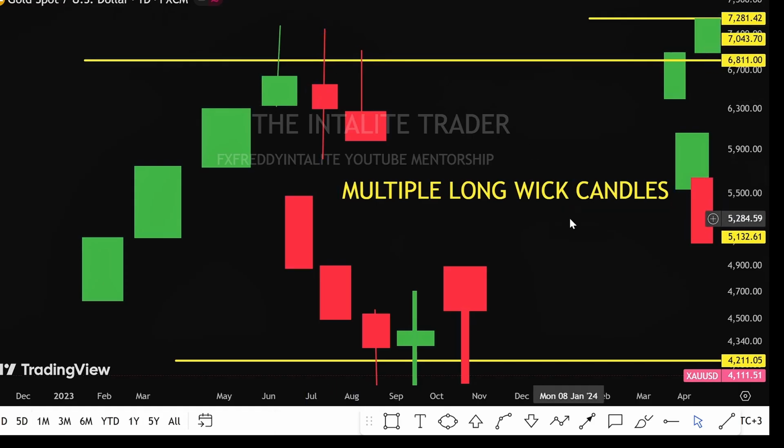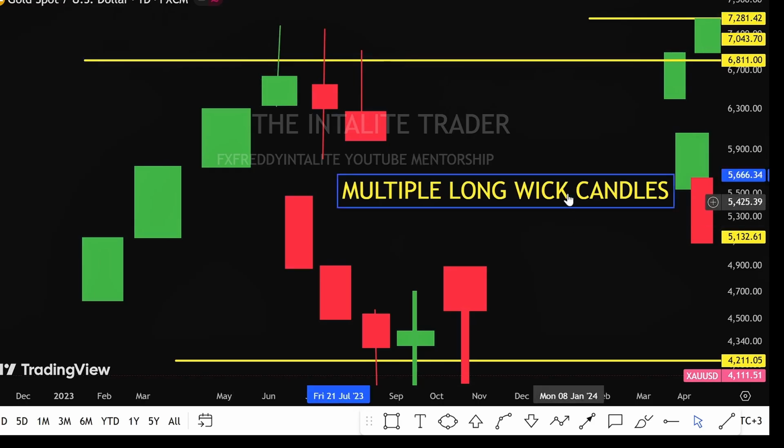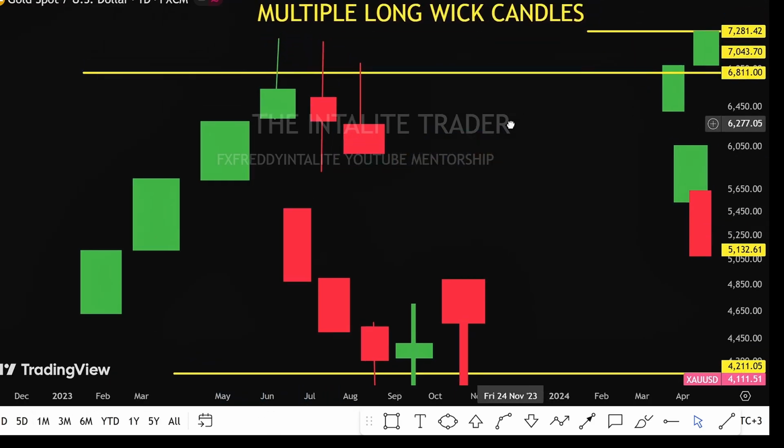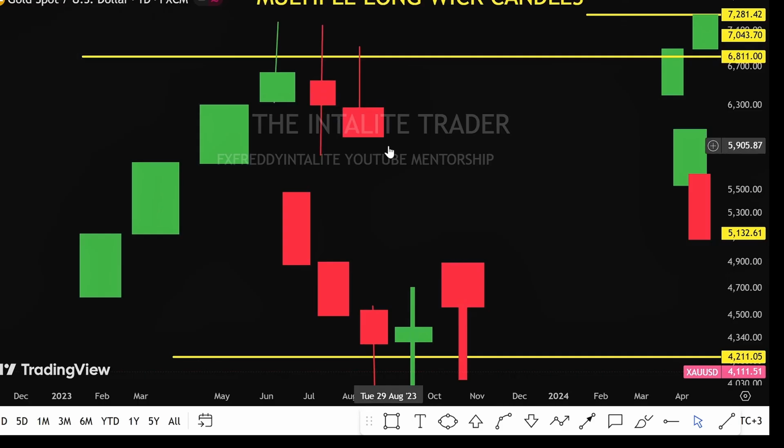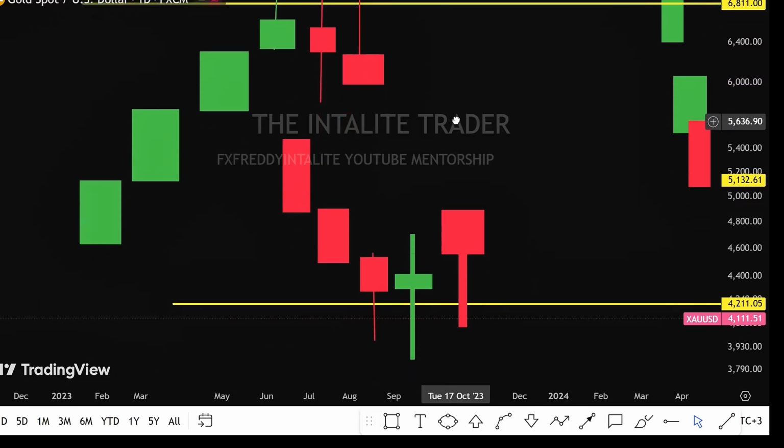It tells you that the buyers are taking profits and sellers are holding this level strong. They are willing to open up new positions. Now, it doesn't mean because you have seen such a pattern that the market is going to reverse. At times, it can form and then continue up. But there are other things that we use in order to make a trading decision off of this, as we are going to see in the future.